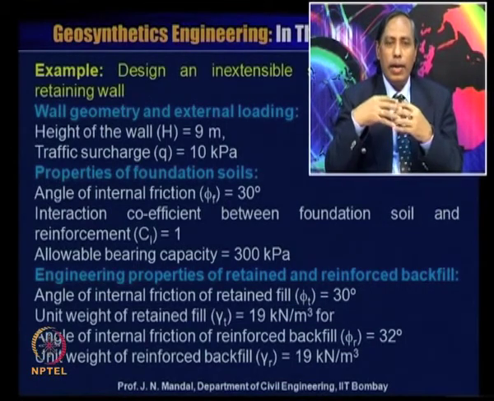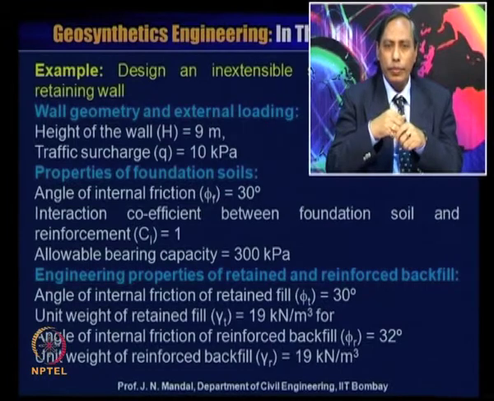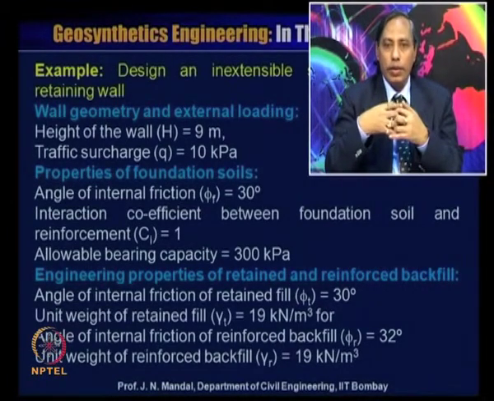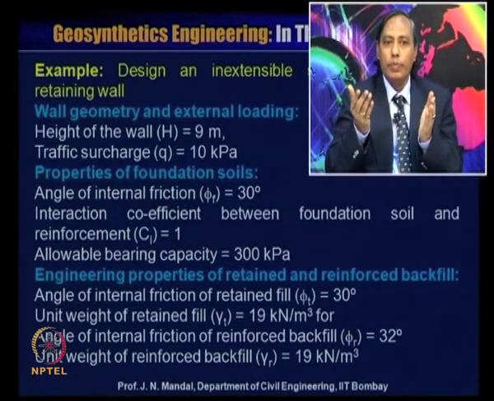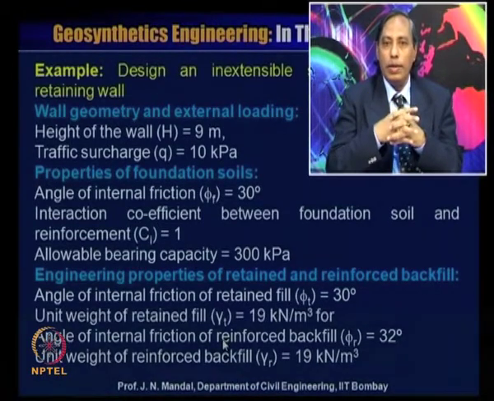The angle of internal friction phi is equal to 30 degrees, and the interaction coefficient between the foundation soil and the reinforcement Ci is equal to 1. The allowable bearing capacity of the soil is 300 kilopascal.